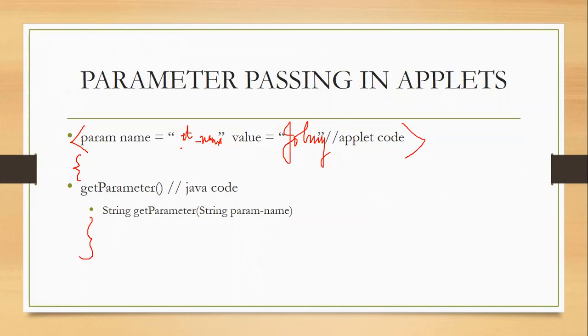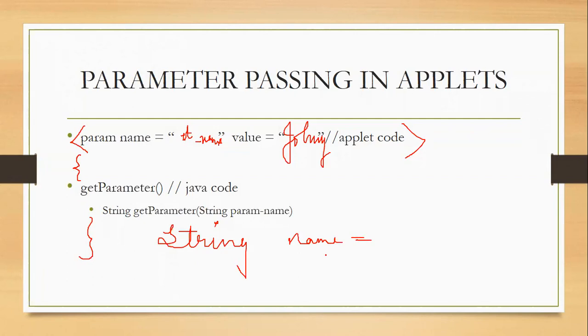Now, all the parameters in applets, they will be taken only as a string. So let's say you have a parameter called st underscore name. Let's say I store it into something called name.